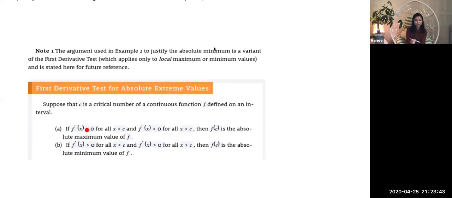So it says that if the first derivative is positive for all x on the left side, so it's increasing on the left, and negative for all x on the right, so decreasing on the right, then this is going to be the absolute max, okay?